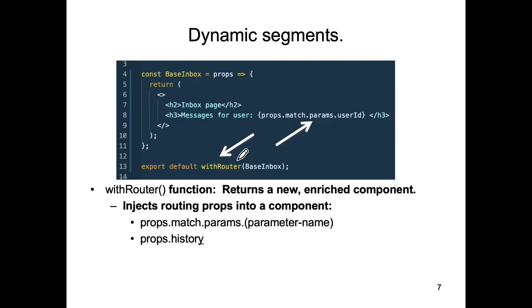The enhancement in our case is it actually adds some additional props, or it makes some additional props available to our component. Other higher order component functions do other things to components. But in the case of withRouter anyway, that's what it does. And that's what I'm documenting here, right?